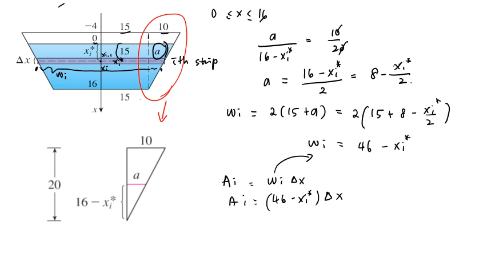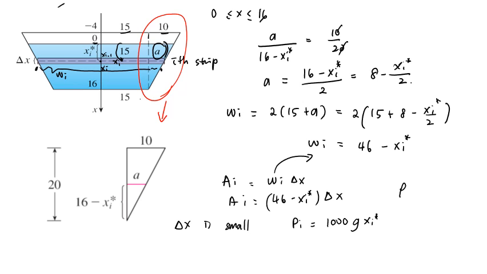Okay, so let's say if you divide the interval between 0 and 16 into very small sections, then delta x is very small enough such that the pressure acting on the strip i equals 1000 times g times xi star.